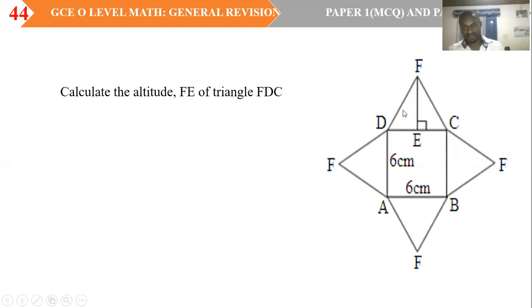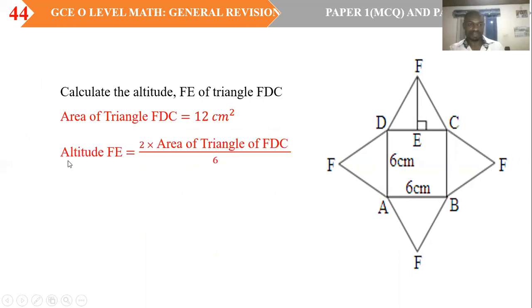With the area, we know that the area of any given triangle is equal to half base times height, primary school method. The area of triangle FDC is 12 centimeters squared. This area is given by half base times height.